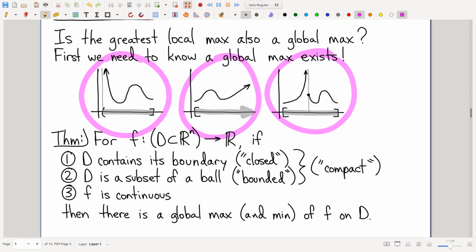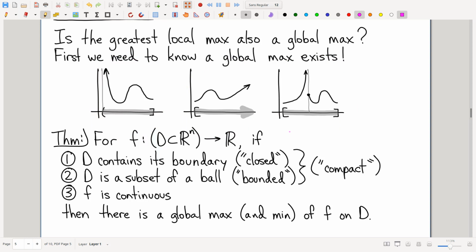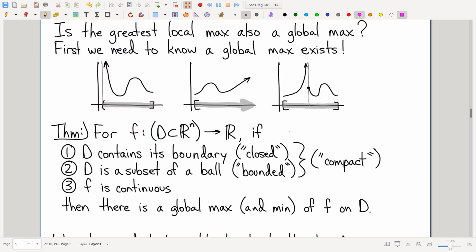As it turns out, in a pretty significant sense, these are the only three things that can go wrong. If you're trying to find a maximizer, there are really only three ways that a maximizer can fail to exist. If your domain fails to be closed, if your domain interval is open on one end, if there's part of the boundary that's not actually included in the set, then this kind of nonsense can happen.